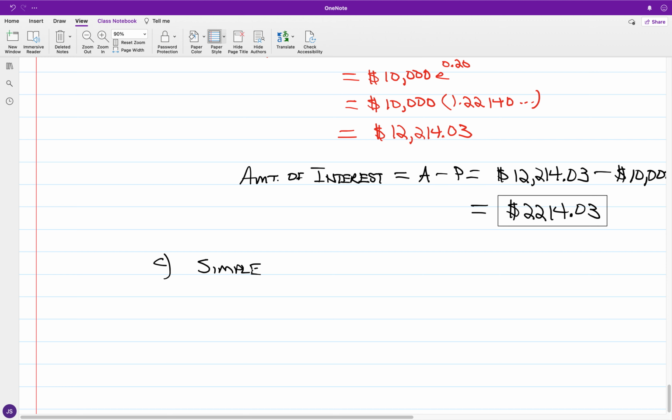So in this case, the simple interest option is going to be right at $14.03 less.